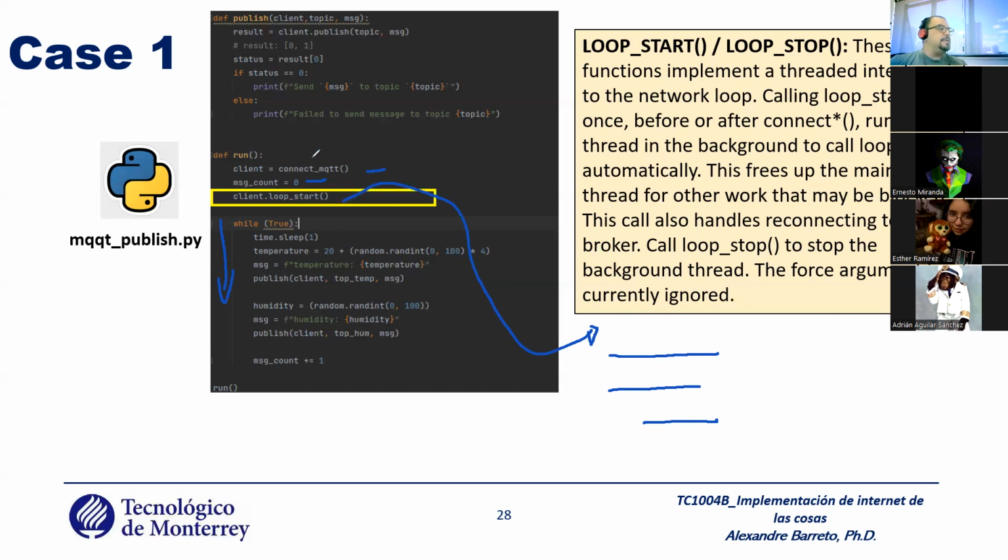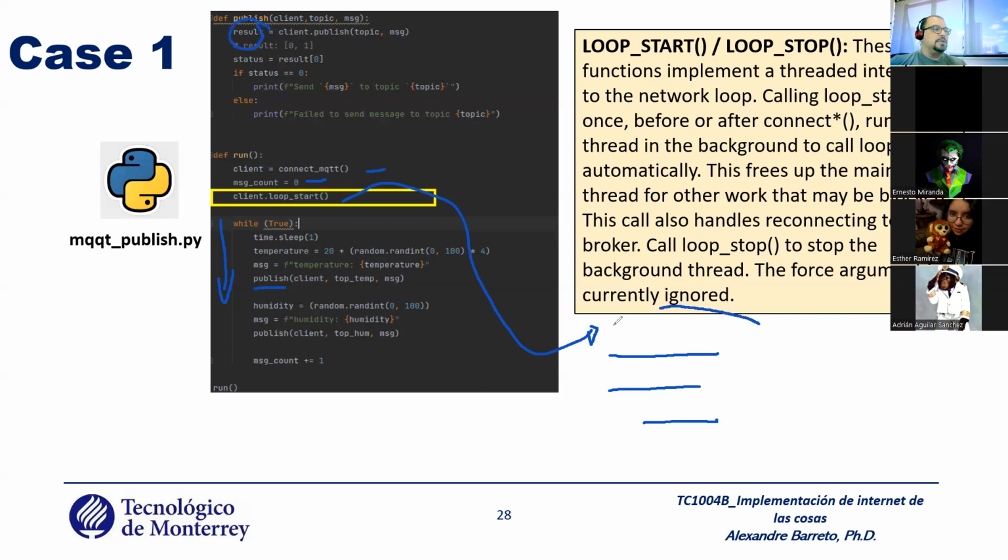Is this the method here that receives the output? For example, you continue, no? While true, temperature is equal to something, message is something, you run the publish. When you call publish, you call this method here, client publish with topic and message, and you receive a result.